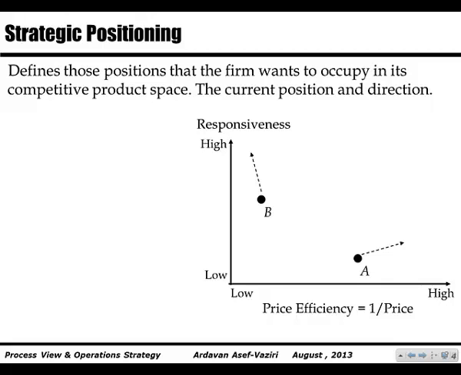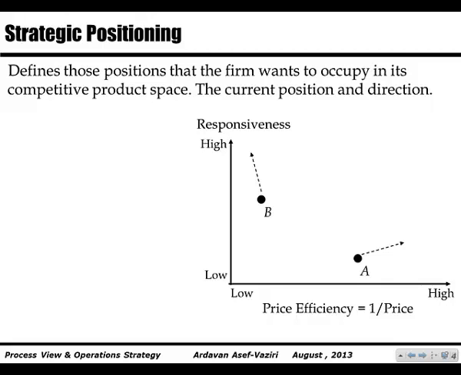Firm B has higher responsiveness compared to firm A, but its cost efficiency or price efficiency is much lower. The direction of the firm is to even make its price higher and at the same time increase its responsiveness.